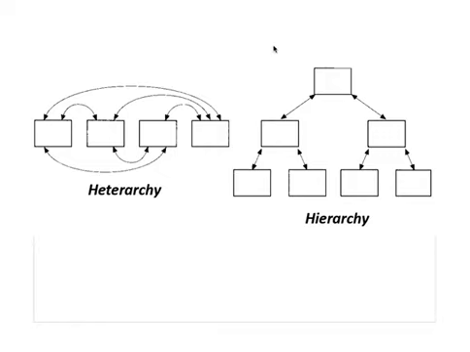So in our tonal system, we've got a tonic note at the top, and everything else revolves around that. Whereas in the heterarchical system, i.e. the multi-tonic system, every chord, every note, if we can imagine this is a chord progression, these boxes here, every one of them is equal.